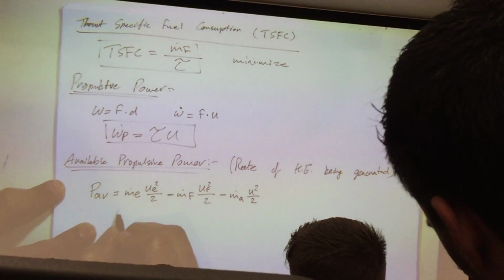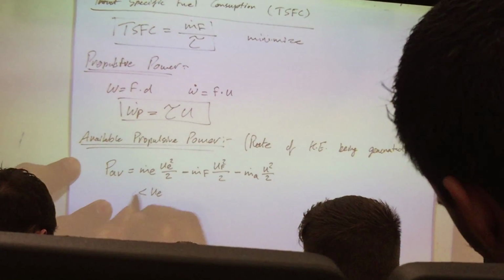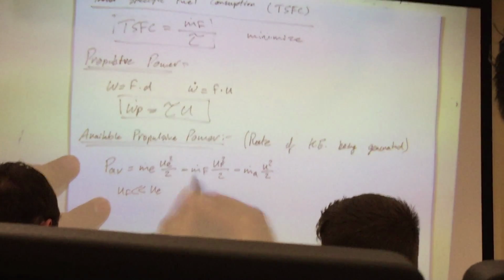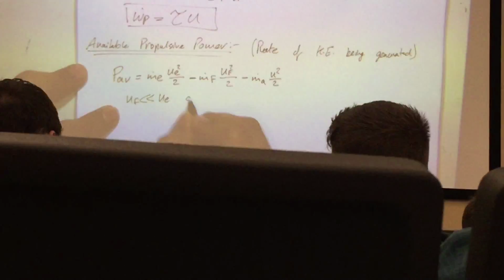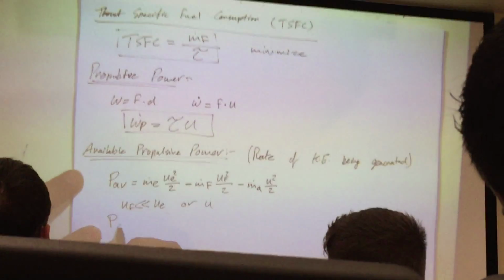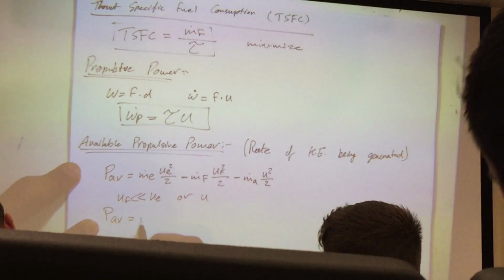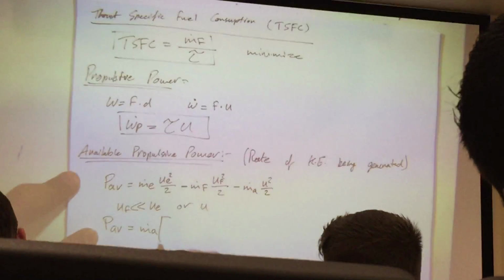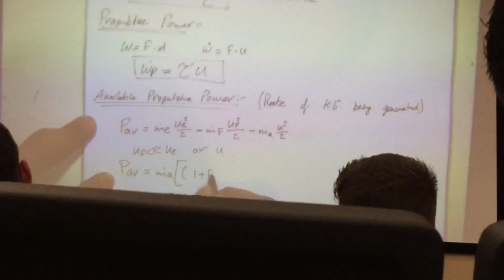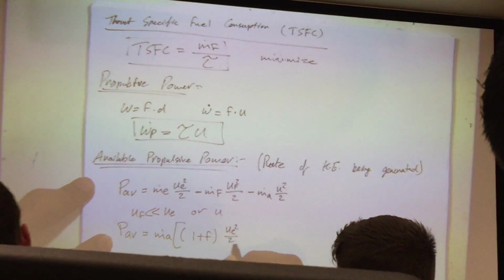Given the fact that the u exit is much higher than my u f, which is my fuel, I'm just going to ignore it. Or actually my inlet, I'm going to ignore it, and it'll say P available is equal to m dot A multiplied by 1 plus the fuel air ratio and the difference in kinetic energy.